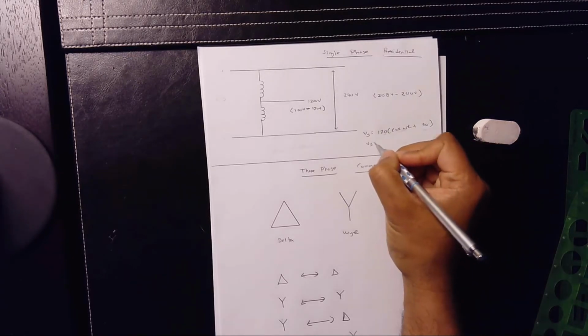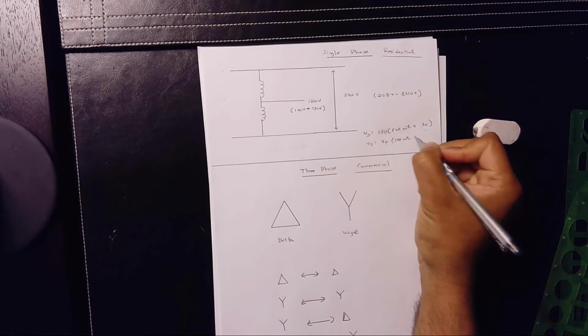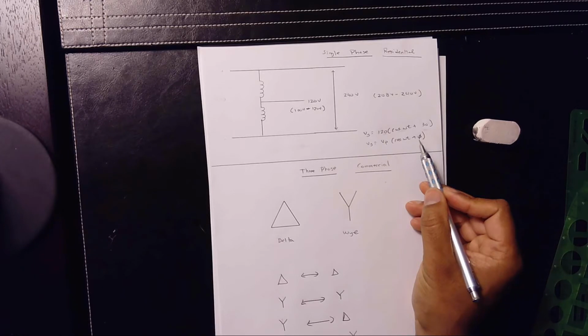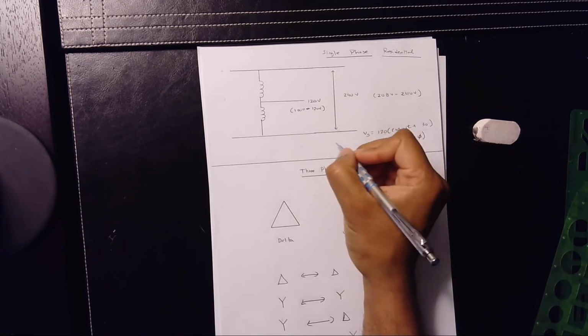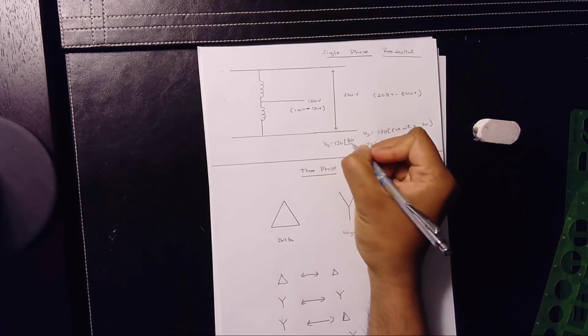So if I say VS is VP cosine omega t plus phi, and I ask what is your phase, this is your phase. When we write this in polar form, VS is 120 at 30.